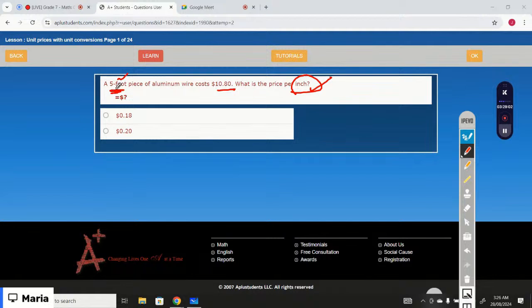First you have to convert this 5 foot to inches. We know that 1 foot equals 12 inches, right? So 5 foot equals 5 times 12, that is 60 inches, right? So $10.80 is the price of 60 inches. Divide 10.80 by 60, right?